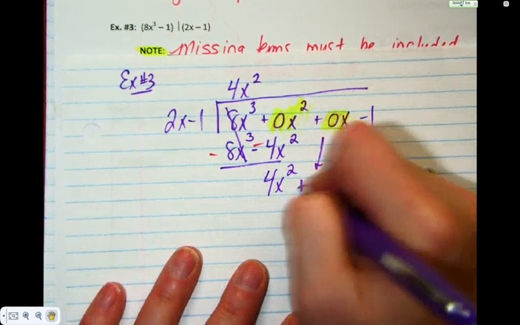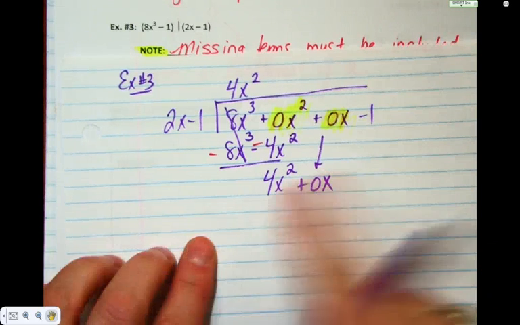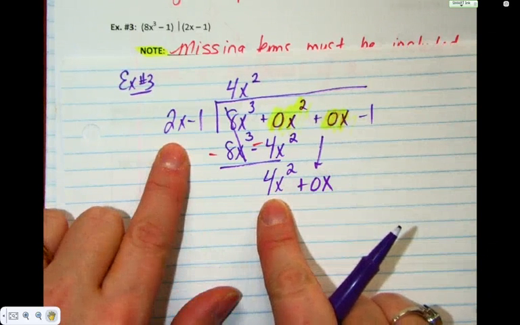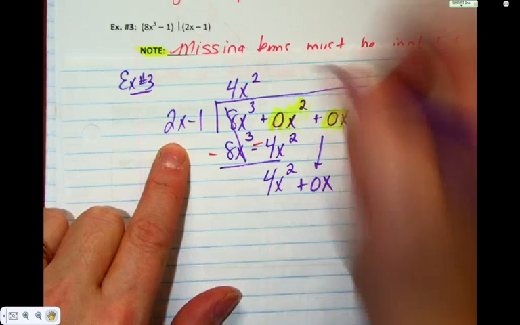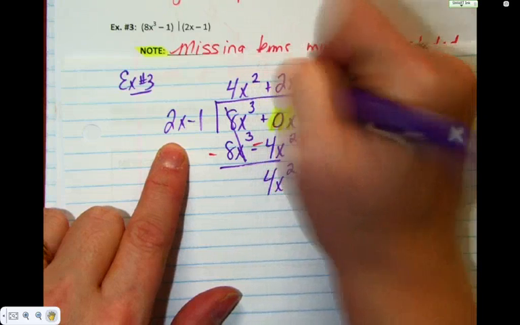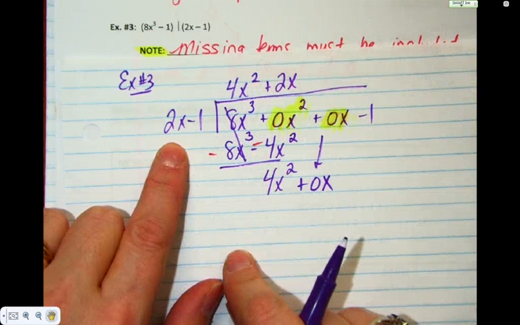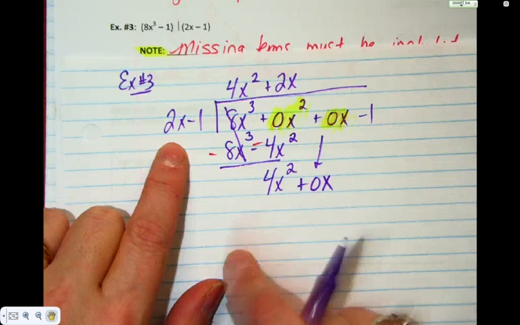Okay, drop down and repeat. Offer of 2x. Confirm. Okay, multiply.